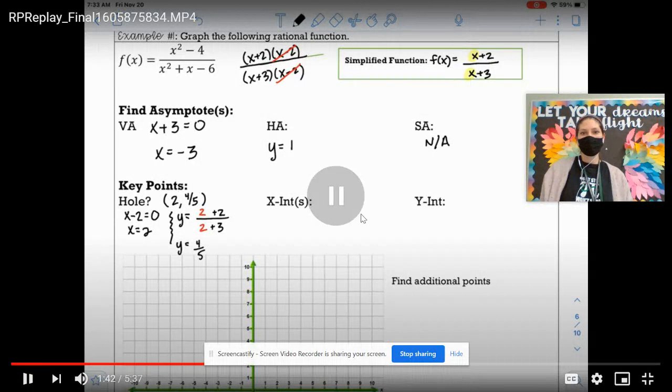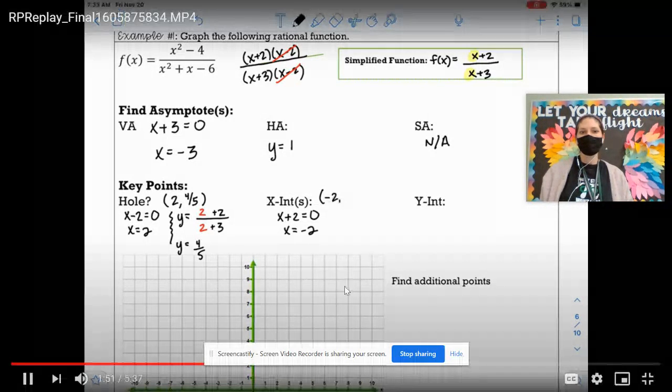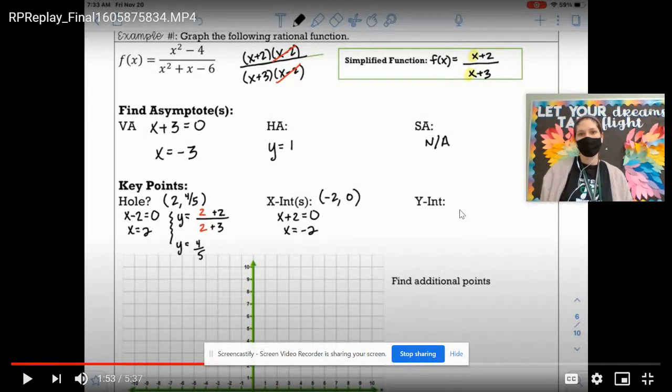My x-intercepts, again, I'm looking at the reduced function. You set the numerator equal to 0 and solve. An x-intercept is also an ordered pair, so it has that x and the y coordinate. If you're an x-intercept, your y coordinate is always 0. So make sure you really are looking at the reduced function to find these pieces.